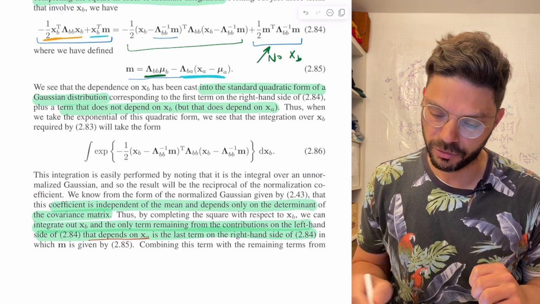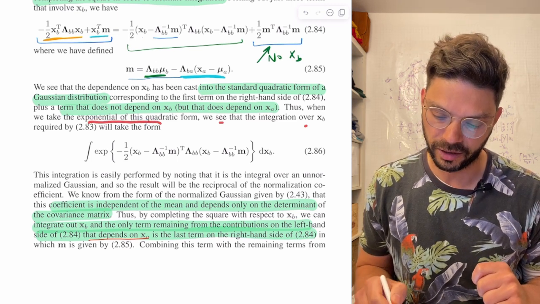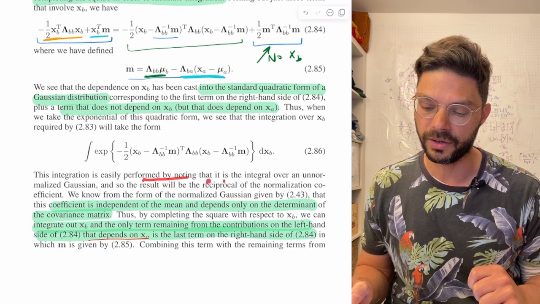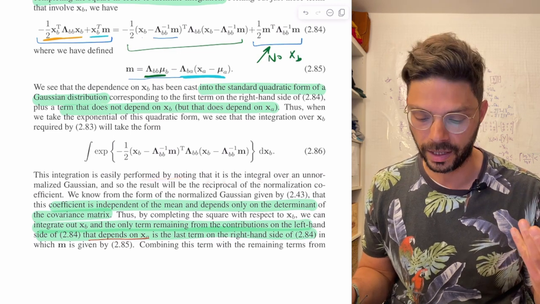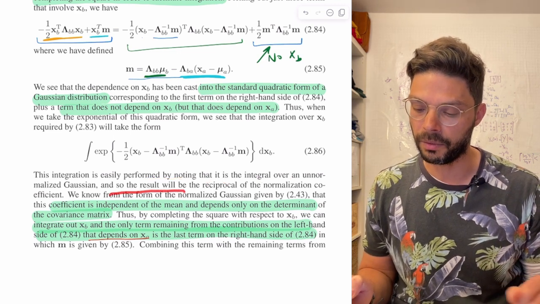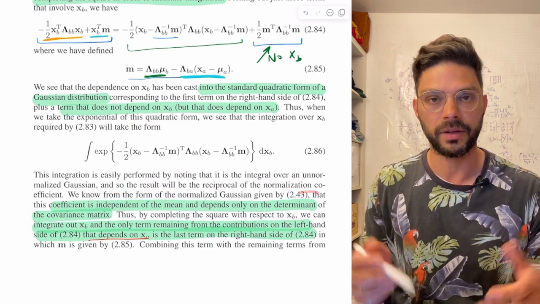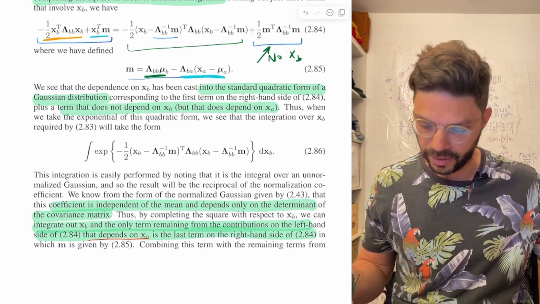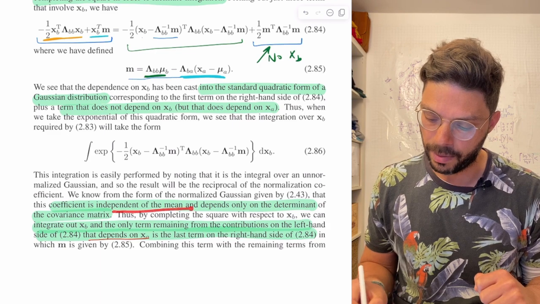Thus, when we take the exponential, we see that the integration over x_b will take the form so-and-so. And this integration is easily performed by noticing that it is the integral over an unnormalized Gaussian. And so the result will be the reciprocal of the normalization constant. So that's what we just said. And we know from the form of the normalized Gaussian that this coefficient is independent of the mean.